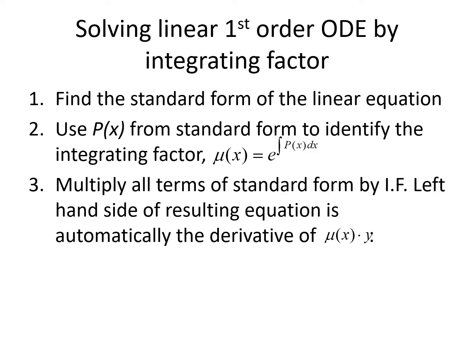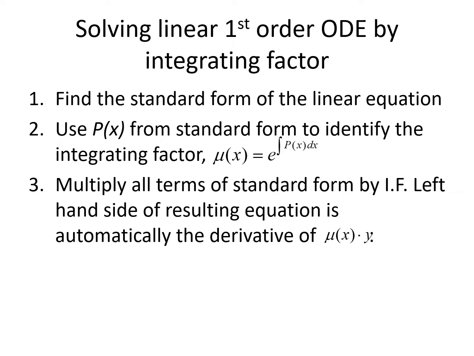Once we have our integrating factor, we're going to multiply all of the terms of our standard form by that integrating factor, and the left-hand side of the resulting equation is automatically going to be reduced to become the derivative of our integrating factor times y.